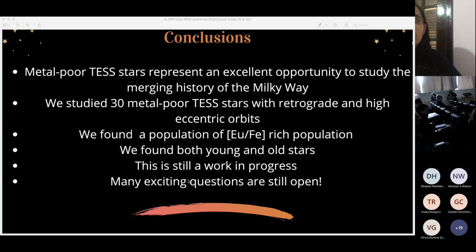We have stars selected according to chemical abundances, stars selected by dynamics, and stars selected using both. So we have different samples of accreted stars that we can use to calculate chemical abundances, dynamics, and finally the ages. So maybe in the future we will have more anomalous stars like this. But for now, with the TESS CVZ catalog, these 30 stars are all that we have at this moment. Yes, thank you for the answer.